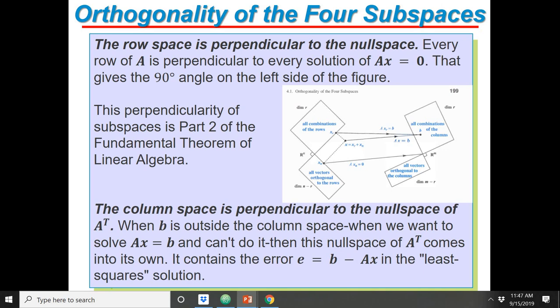And if I take any vector that's a combination of the rows, then I'm going to show that it is orthogonal to the null space. Don't forget that the two subspaces here, if they come to be orthogonal, as we will prove, they only meet at the zero vector. Okay, this is extremely important. They only meet at the zero vector.